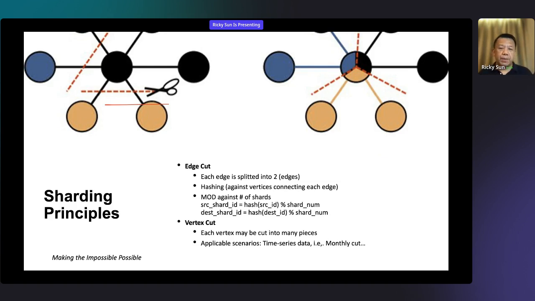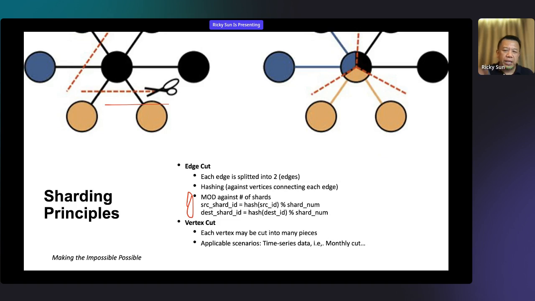So with the introduction of shards, how are you going to introduce the shard ID to tag with each source ID and destination ID? It's actually pretty straightforward here.